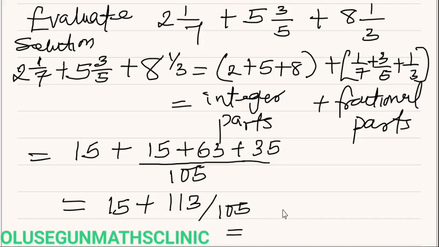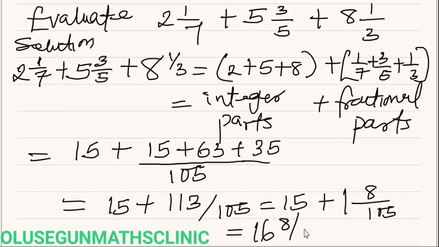You now take it to a proper fraction to have 15 plus 1 whole number 8 over 105. So this is 15 plus 1 whole number, so you add 15 plus 1 together to have 16 whole number 8 over 105. So this is the answer for this fraction.